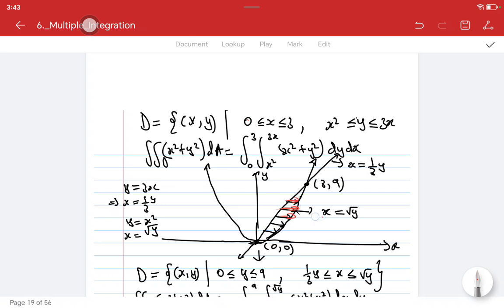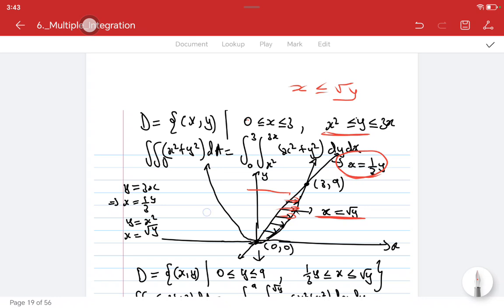Then you change this one. The graph won't change. You just change this. Now you change it to x less or equals to root of y. Then this one, you change it to x equals 1 over 3y. But everything still remains the same. We agree, right?